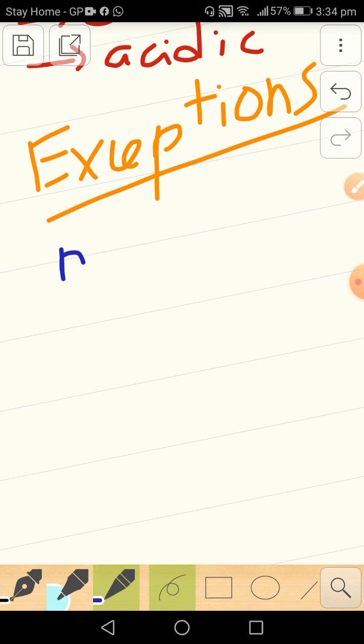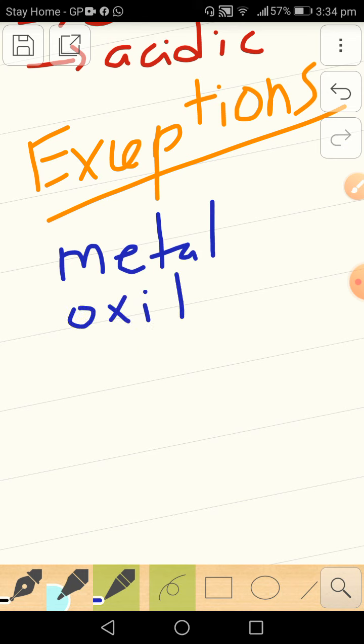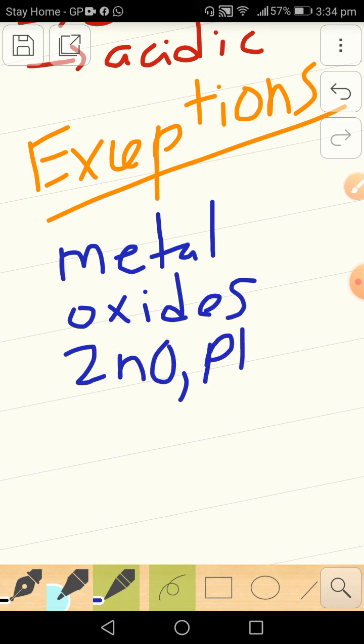Some metal oxides are there, like we have zinc oxide, lead oxide, then aluminium oxide.